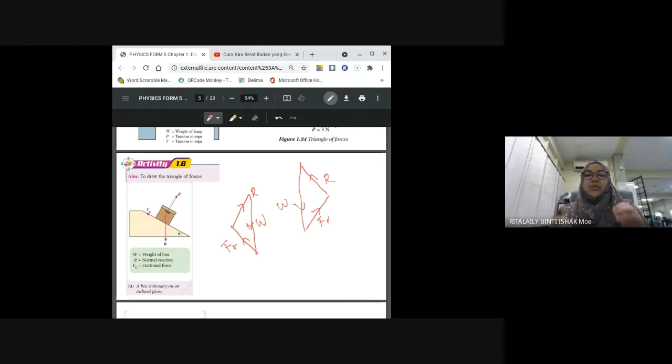Boleh? And we can use a parallelogram technique to get the force yang kita tak tahu value-nya. Okay, so sama juga, we use scale, we follow the angle for the triangle, and we will get which force that we don't know the value of.